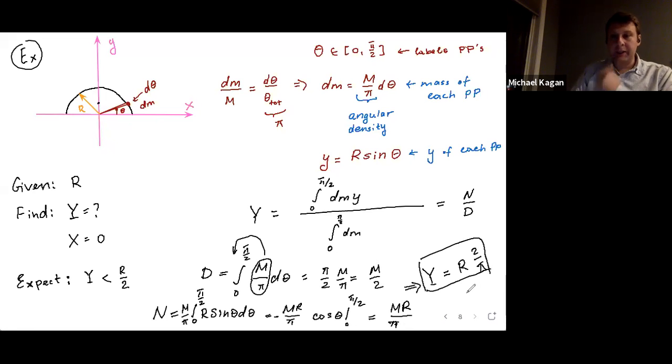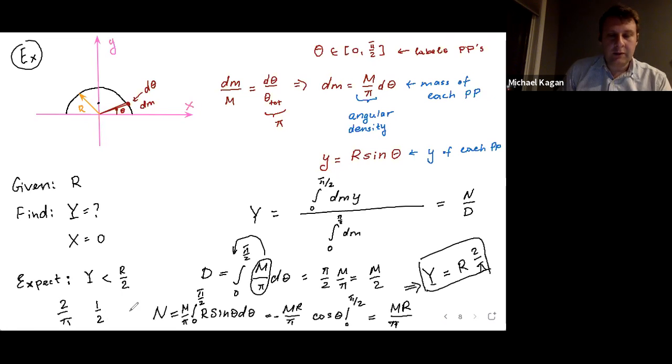Do you agree, guys? Joseph, Vincent? Okay, so now, thanks, Joseph. So what is this number? Is this consistent with our expectation here? So 2 over pi versus 1/2.